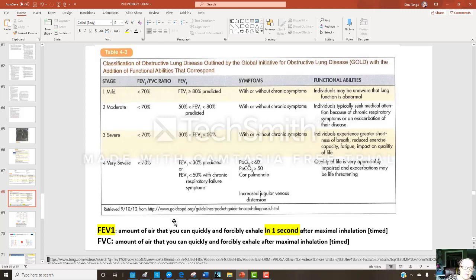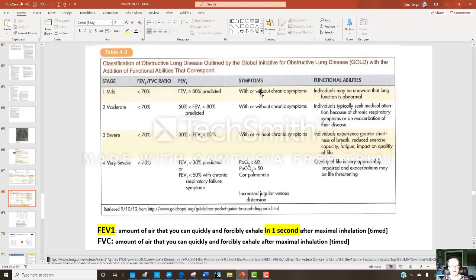So FEV1, mild 80%, moderate 80 to 50%, severe 50 to 30%, and very severe less than 30, unless you have chronic respiratory failure symptoms, and then it's just less than 50%.